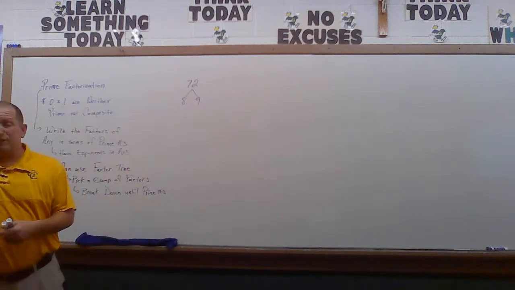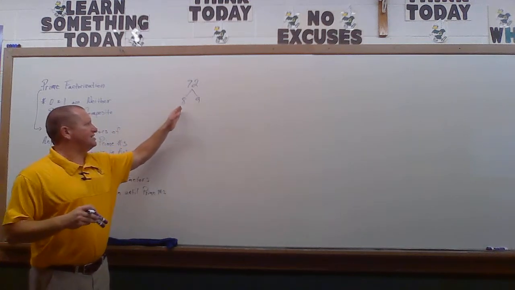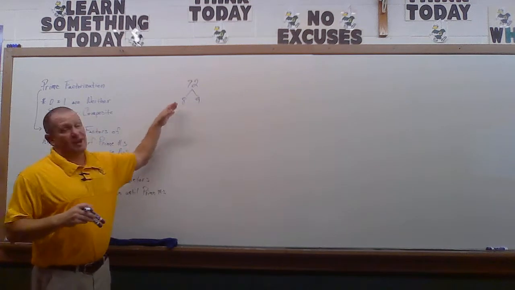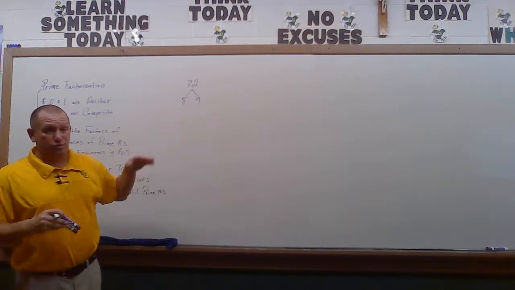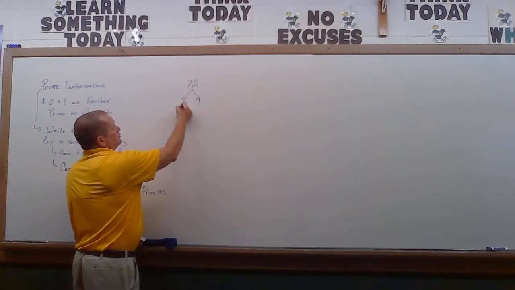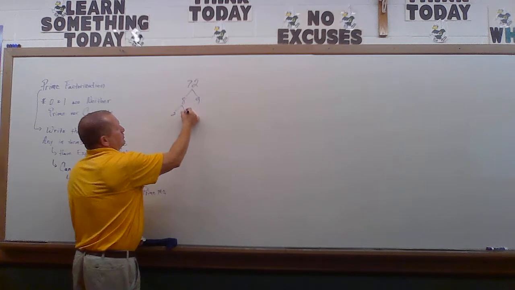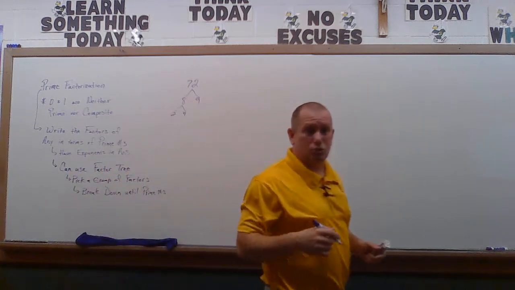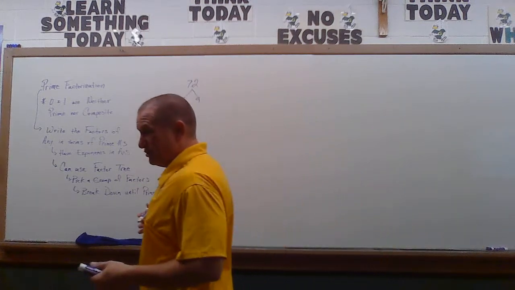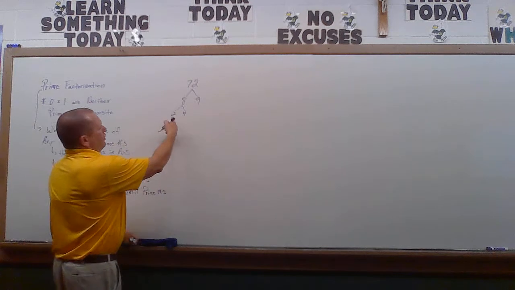So when you branch it off, you have to decide, are those two numbers prime numbers? No. So if they aren't prime numbers, you have to branch them off again. So what are the factors of 8? 2 times 4, right? Now again, when you do these factors, don't ever use 1, because you're just listing that number again and it's not getting broken down any. So it's kind of pointless.